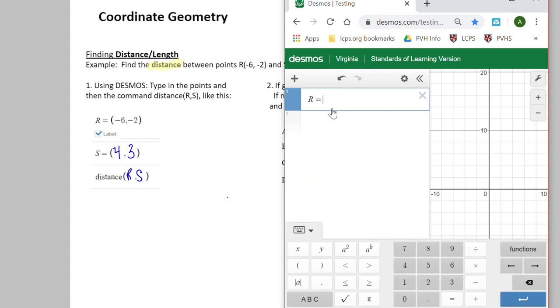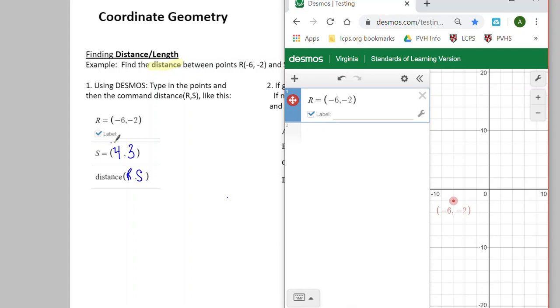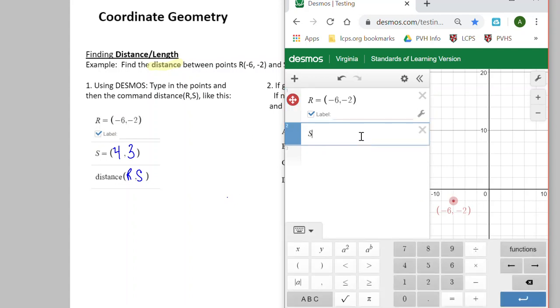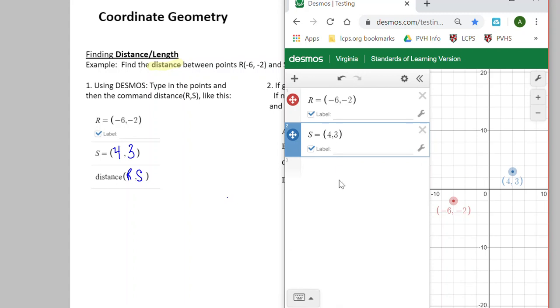I type capital R equals parentheses -6, -2, close parentheses, and I like to click Label, just like I showed you here, so that I can see it in the graph. In the next cell, we type capital S equals 4, 3, and again click Label, so I can see it in the graph.